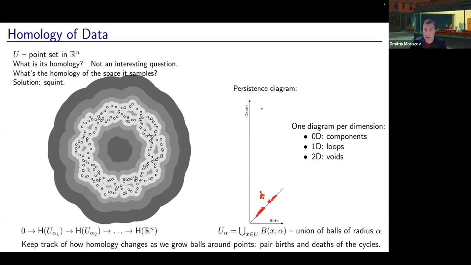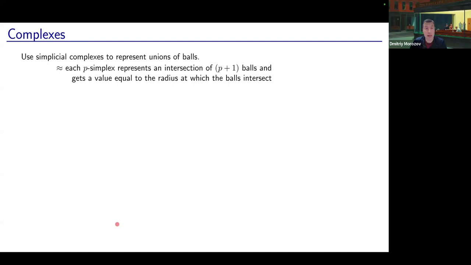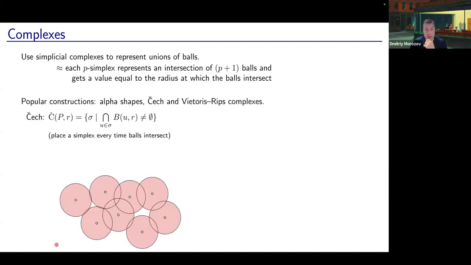The way this is done is as follows. We want to use simplicial complexes to represent unions of balls, and roughly, the way this works is that p-simplices represent intersections of p plus 1 balls. There are several popular constructions. The first one, probably the simplest to understand, is what's known as a Čech complex. If we take this collection of balls, anytime some of them intersect, we record this as a simplex.